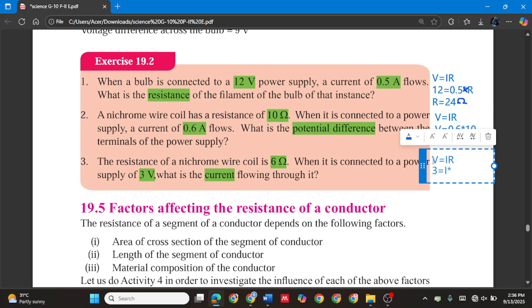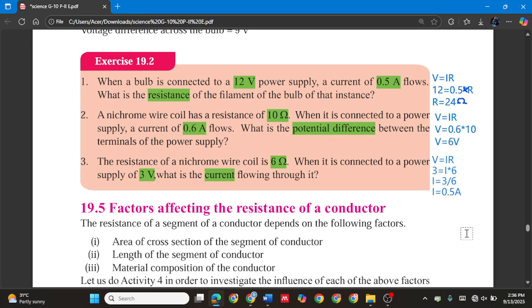Multiplied from 6, no? So in the next row you can write I equals 3 over 6, no? 3 over 6, that means I equals 0.5 ampere.